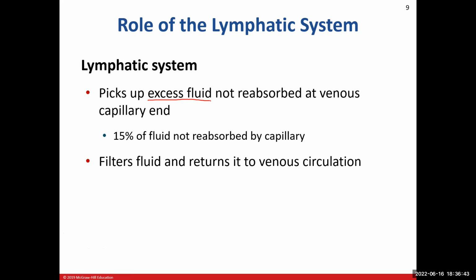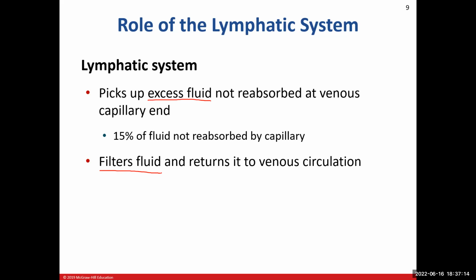This extra fluid was not resorbed. And so we have another system here. Instead of our circulatory system, we have our lymphatic system. And what it will do is resorb some of that fluid that wasn't resorbed by the capillary. That fluid enters into the lymphatic system and circulates throughout it. And as it does so, it's going to get filtered.